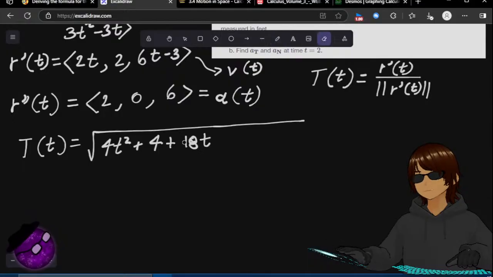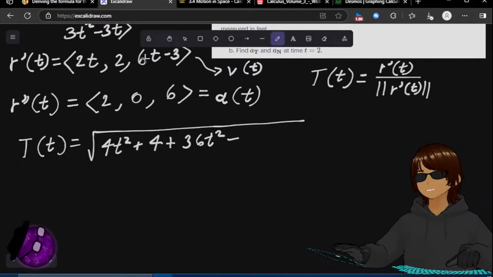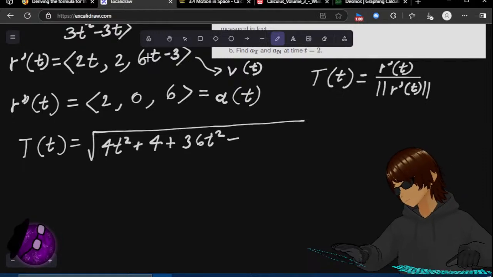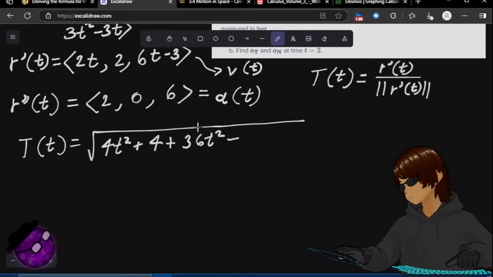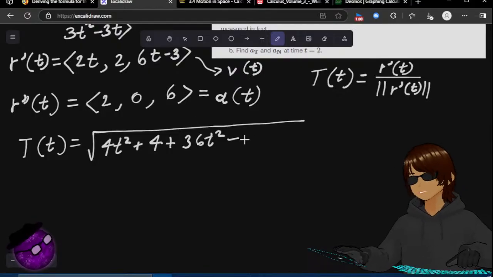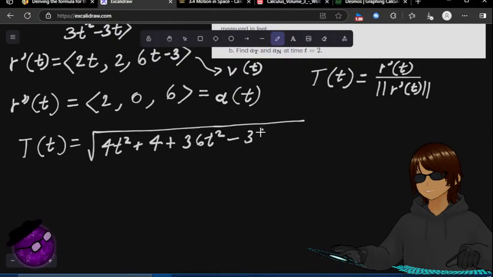Wait, hold on, no. 6t times 6t is 36t squared. Minus, then 6 times 3, 18. But that should happen twice. Hold on. Then it's 36 again.